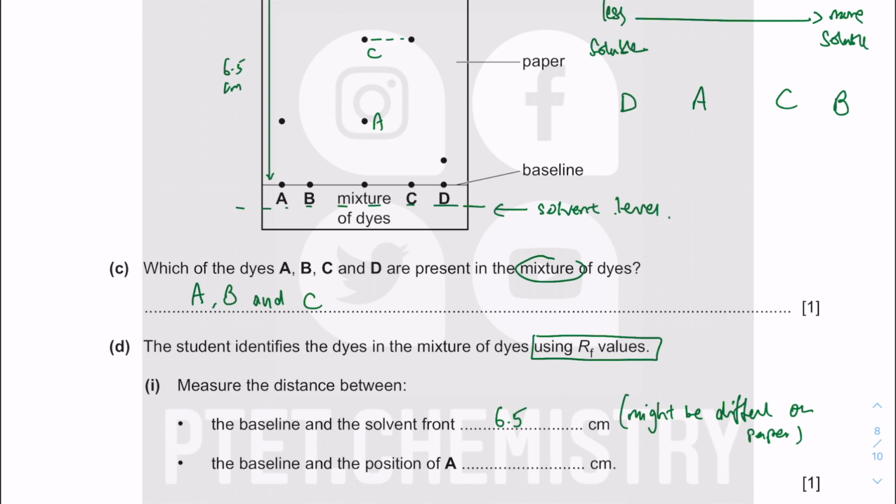Okay, the baseline and the position of A. So you should read from the middle to the middle, from the middle to the line itself. Okay, so that reads 1.6 cm on my screen.